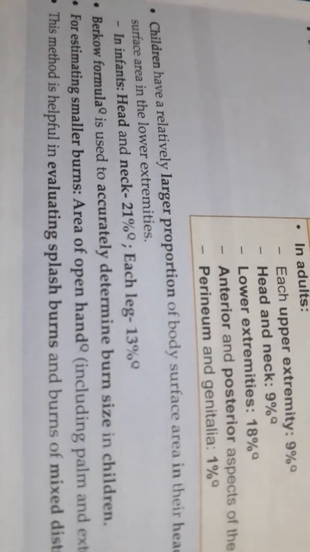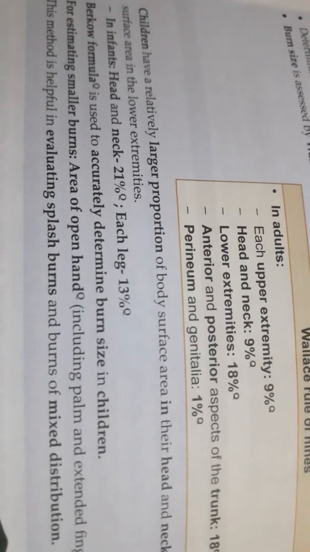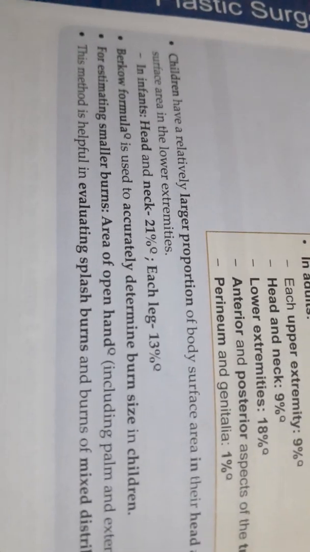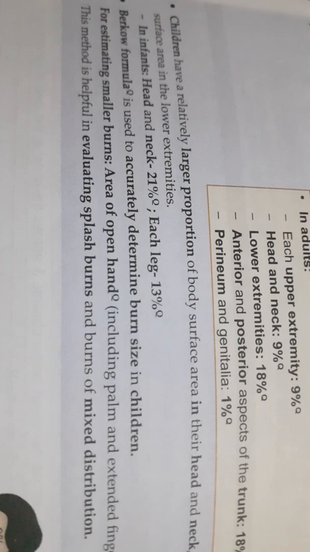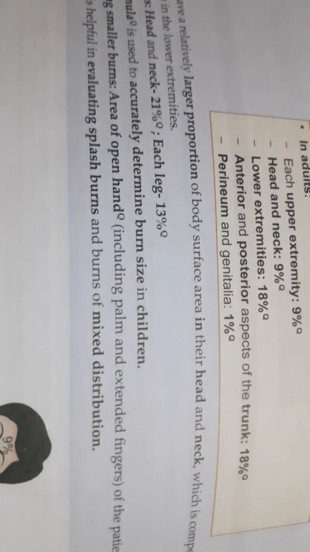In infants, head and neck 21%, each leg 13%. The Lund and Browder formula is used to accurately determine burn size in children.